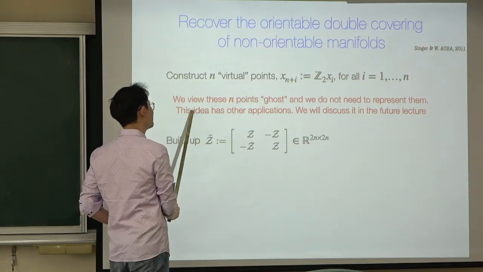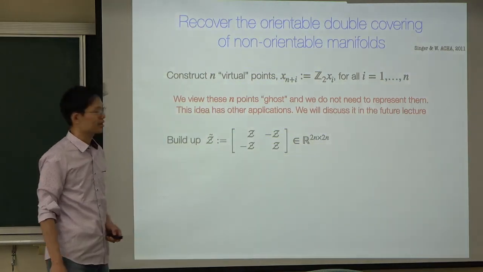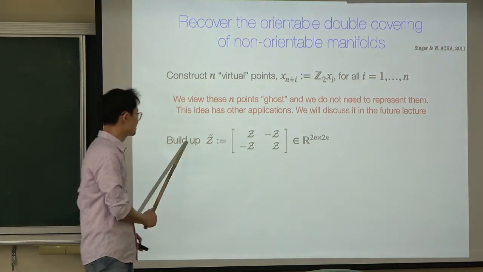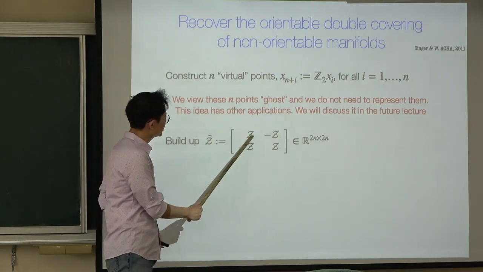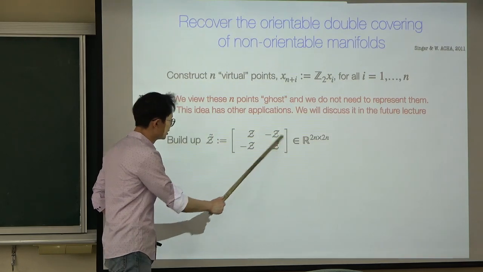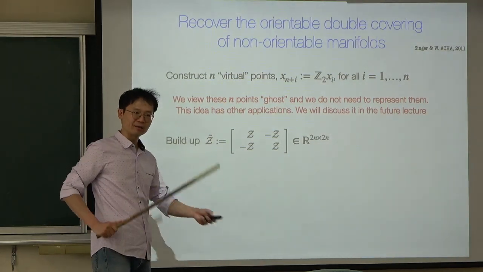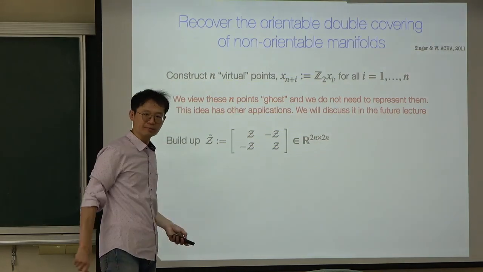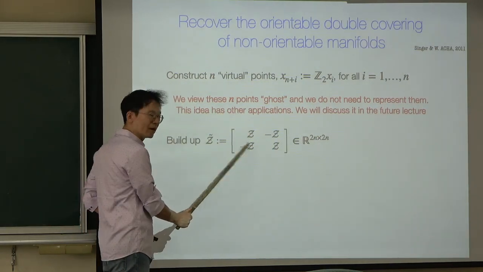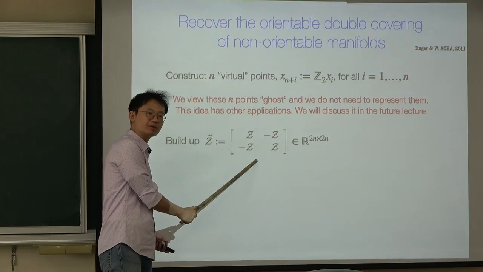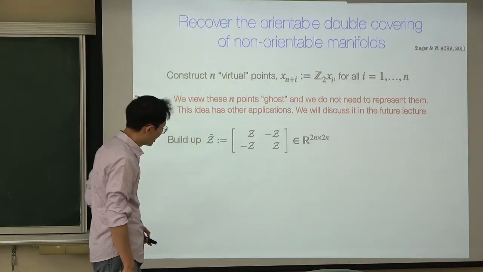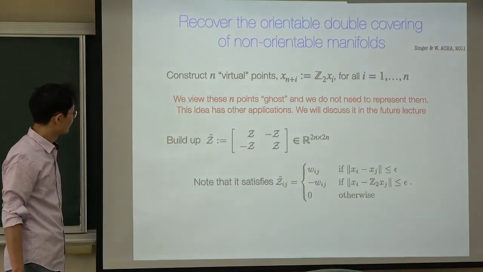Okay, and this idea has other applications. We will discuss it in a future lecture. We build up, for example, Z tilde, which is Z, minus Z, minus Z, Z. Look, this is a very beautiful matrix with symmetry, right? And it is a 2n by 2n matrix. And you will see that this guy actually is the affinity matrix on the orientable double cover.